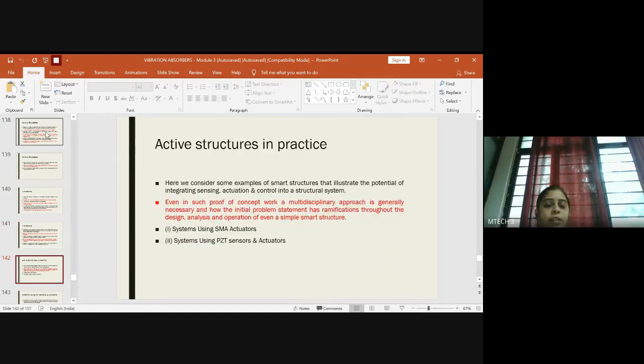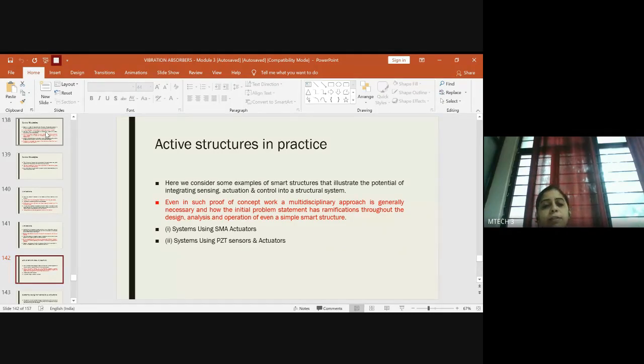Yeah. So after that, I told that in today's class, we'll be dealing with some actual smart structures which are already being developed, and research which has been done related to smart structures using SMA actuators or PZT sensors and actuators. I told that we'll be dealing with two cases to show the active structures which are there in practice.